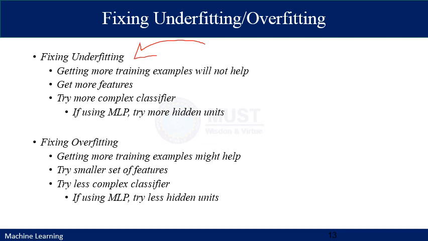On the other hand, if you run into an overfitting problem, this is mainly due to the fact that your data is less complex than the model you have chosen. So in this case, if you increase or enhance the data sets, for example, if you get more training examples, this might help.